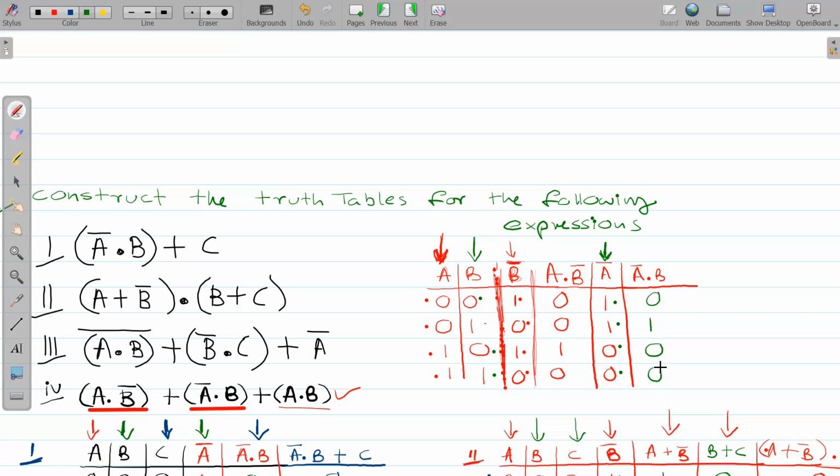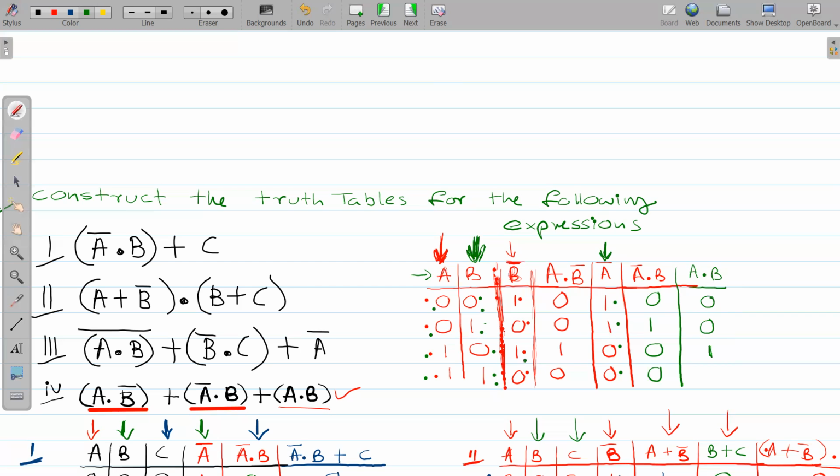And then it's a simple column that we have to take care of, A dot B, which we can take with the A column as well as the B column. So multiplication 0 into 0, a 0, 0 into 1, a 0, 1 into 1, a 1, and 1 into 1.